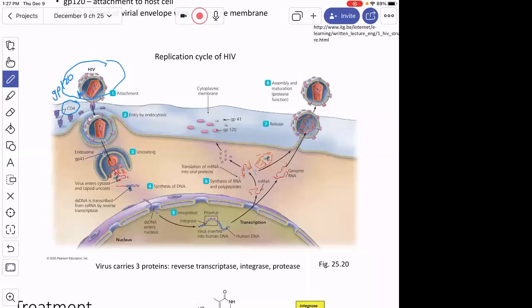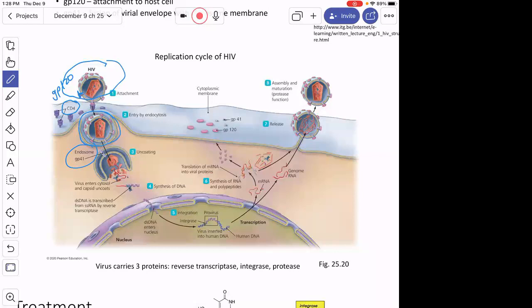So it's bound in this membrane for about 30 minutes or so. And then we think that GP41 will kind of allow the viral membrane to fuse with that endosome membrane and kind of uncoat it. The capsid opens up, and then we've got those three proteins as well as the messenger RNA.